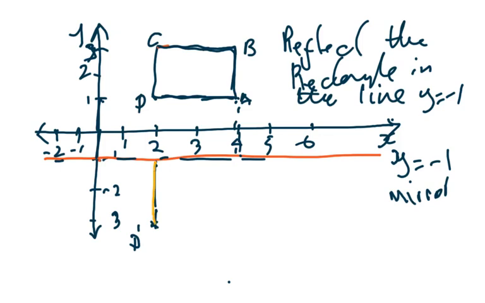There. And what about A? Again, it's 2 units, so it will be 2 units from there. A would be here. Look at B. B is 1, 2, 3, 4 units.